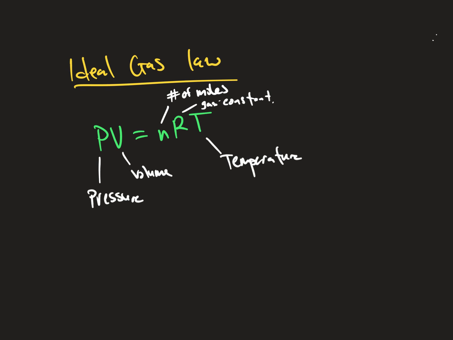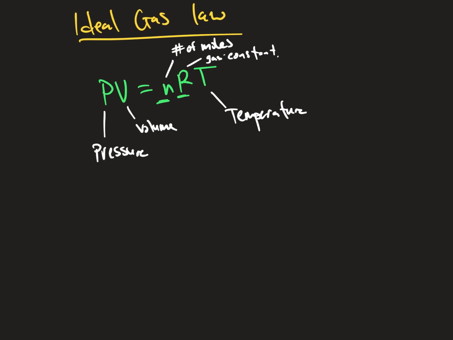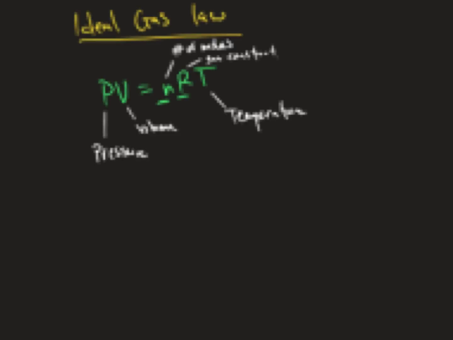So before we get into that heavily, if we deal with a certain condition, we're going to have a certain number of moles, right? So that's pretty much constant. It's not always going to be constant, but in certain conditions it is. So if the number of moles is constant, and of course R is a constant value, then we can figure out what that constant is equal to, just like last time.